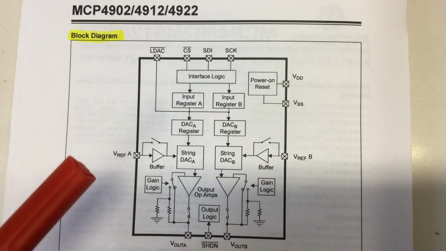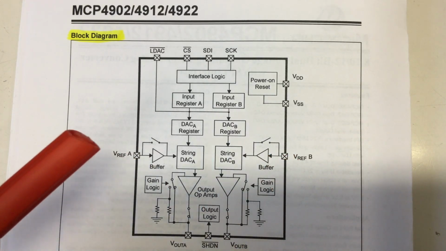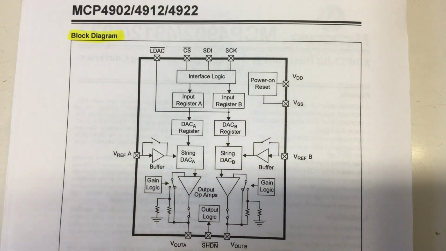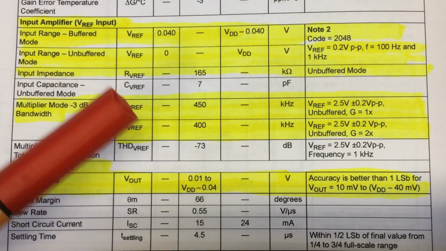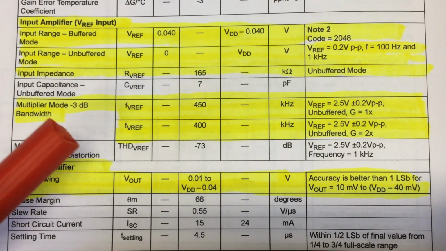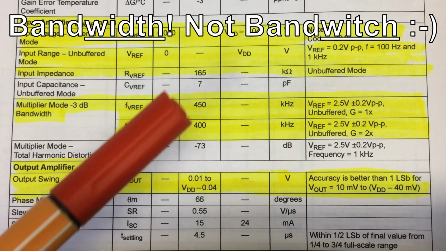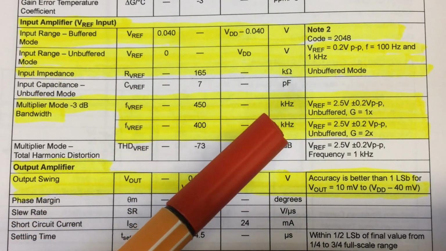But who said the input voltage here and here has to be a fixed reference voltage? In the input amplifier section of the datasheet, we find these two lines, multiplier mode bandwidth, which are 450 and respectively 400 kilohertz.